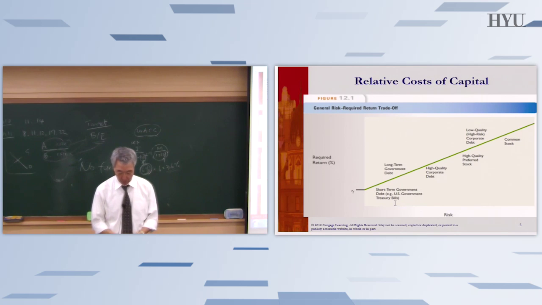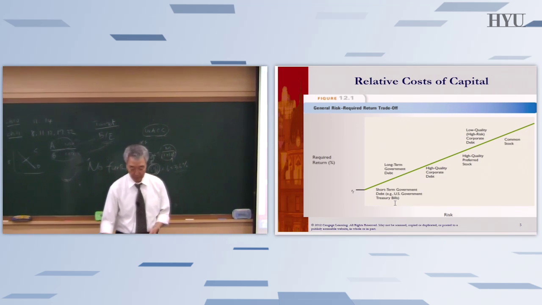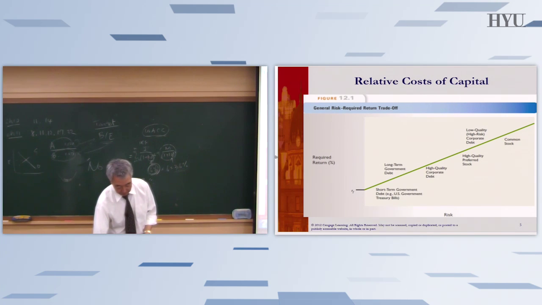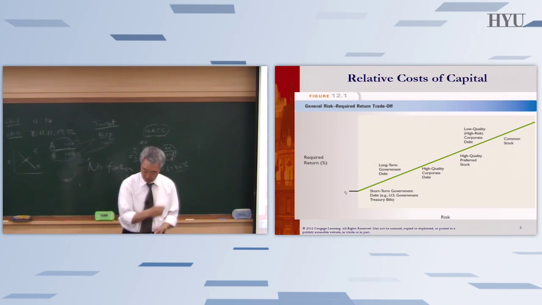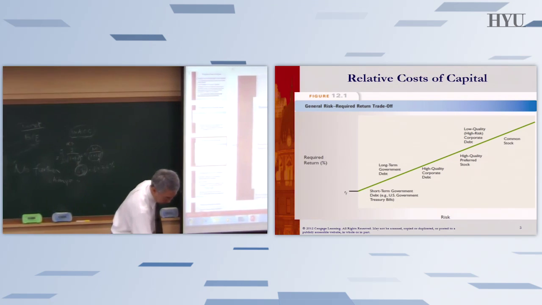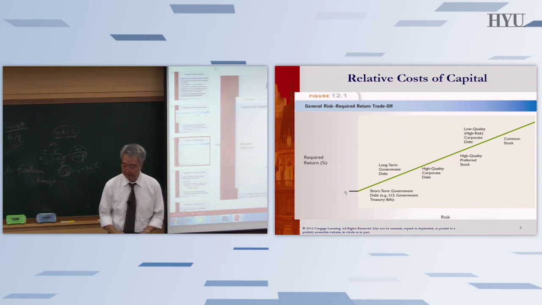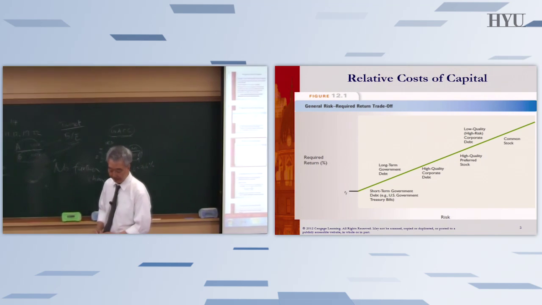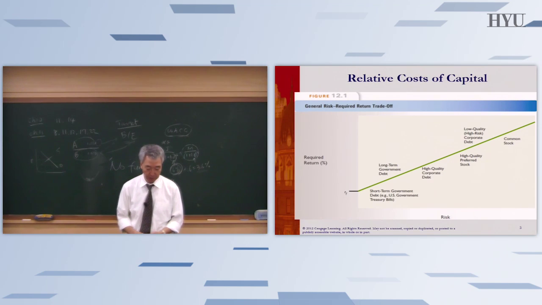All right. In your note, you don't have this slide. I did not include it in your note because this is from your textbook. And what this slide is about is simply pointing out that different types of securities have different rates of return, or required rates of return.